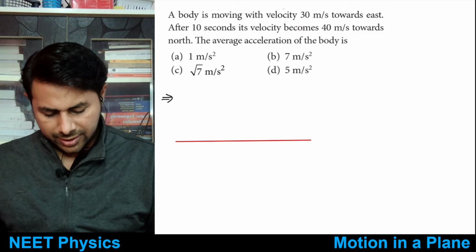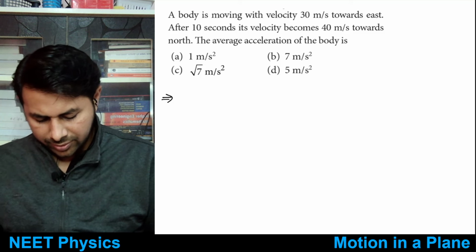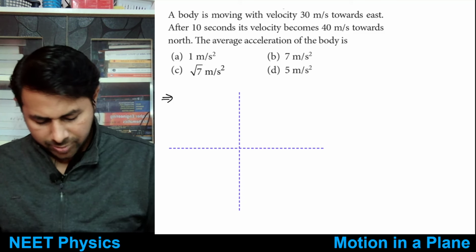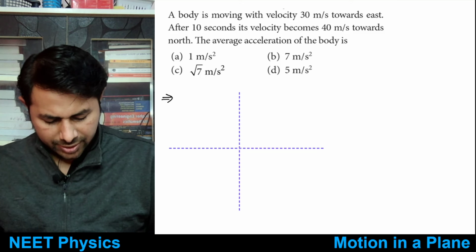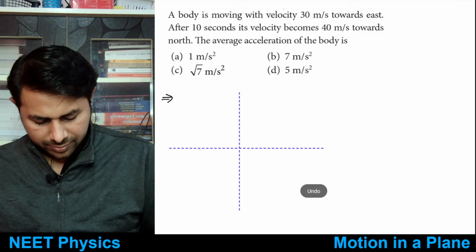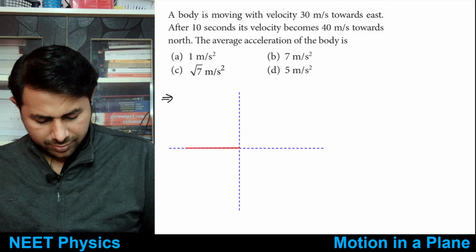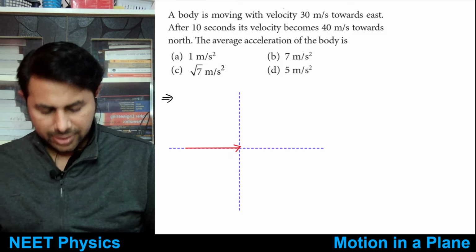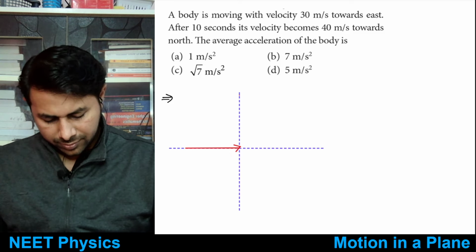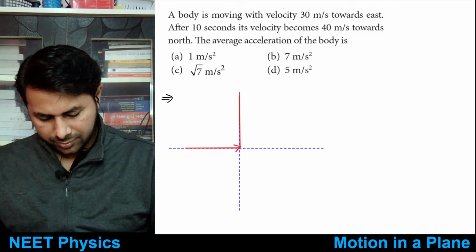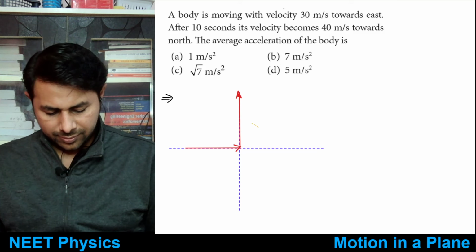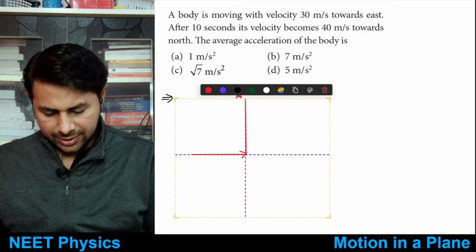So let's say that this is our east, west, north, south, and the body is moving towards east initially, like this. And then it starts moving towards north. Okay, like this. So the question is, what is the acceleration?